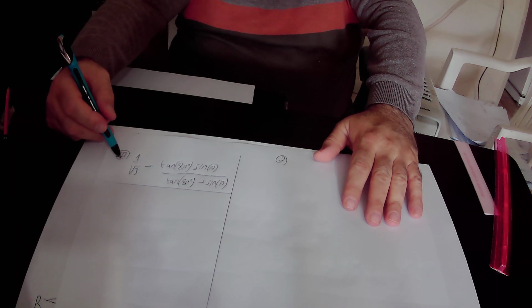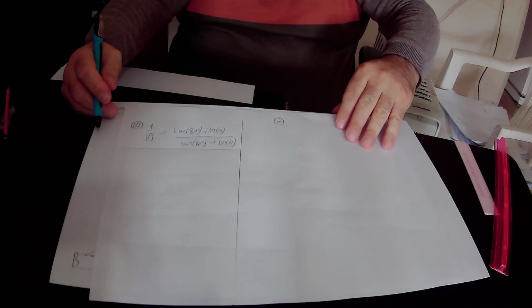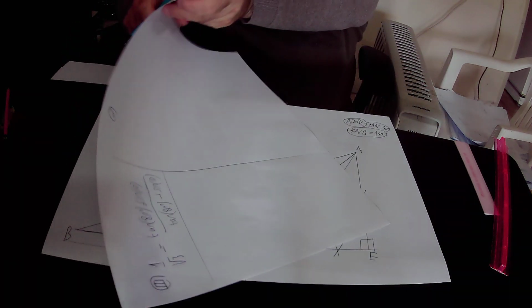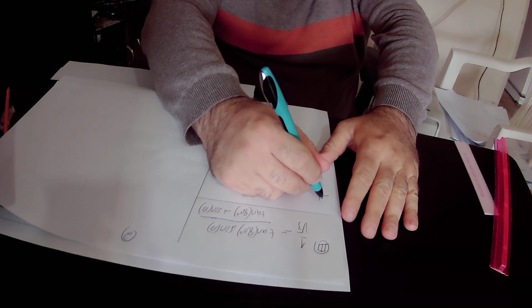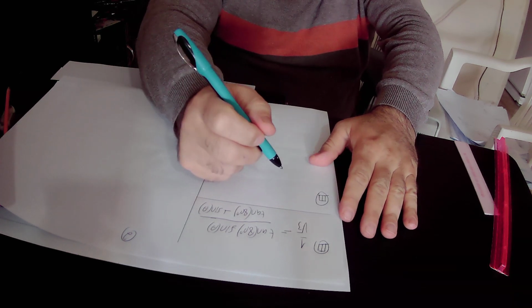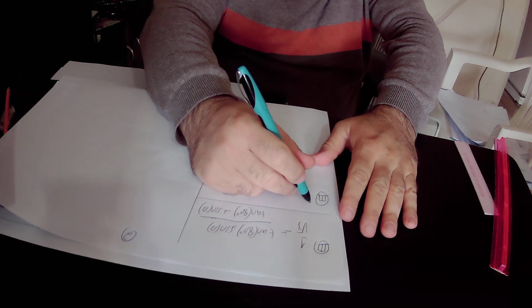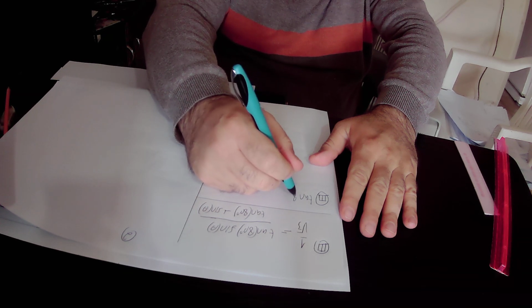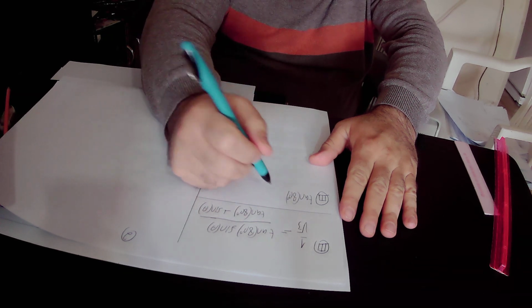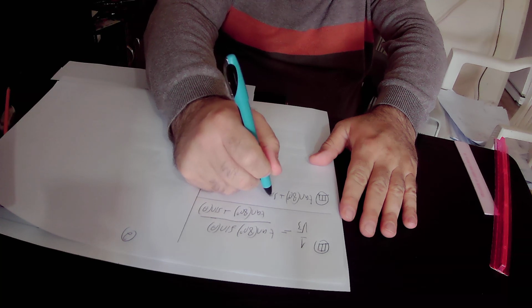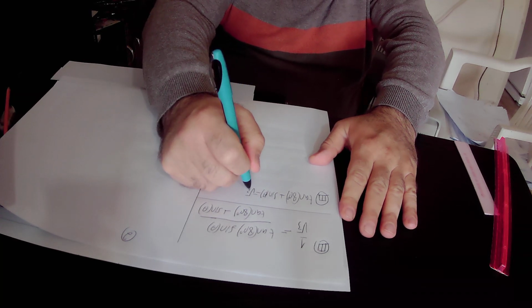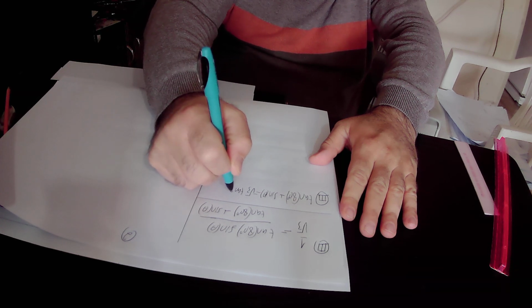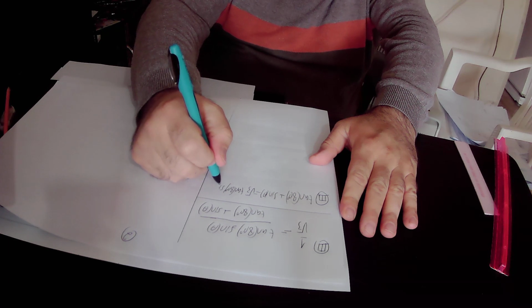Here we will cross multiply equation number 3 and we will get that tangent 80 degrees plus sine theta equals square root of 3 times tangent 80 degrees times sine theta.